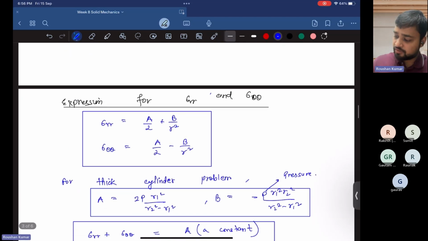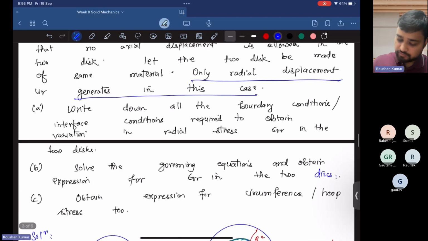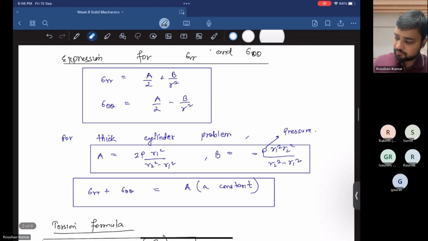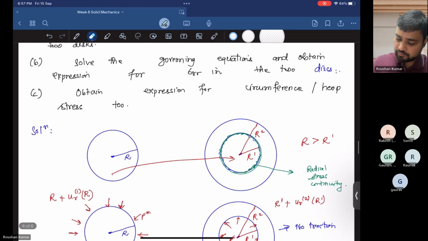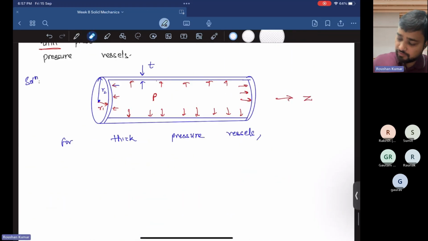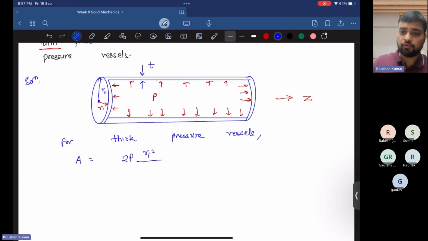Here A is given by 2p R1 square upon R2 square minus R1 square, and B is given by p times R1 square R2 square upon R2 square minus R1 square.